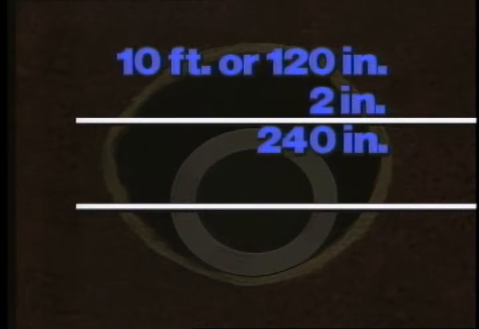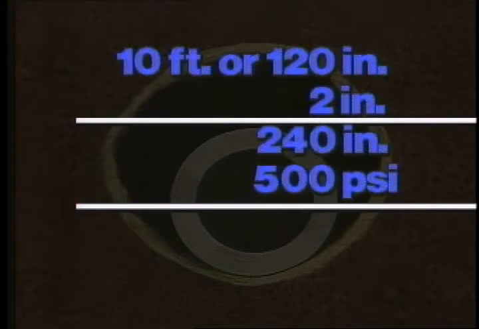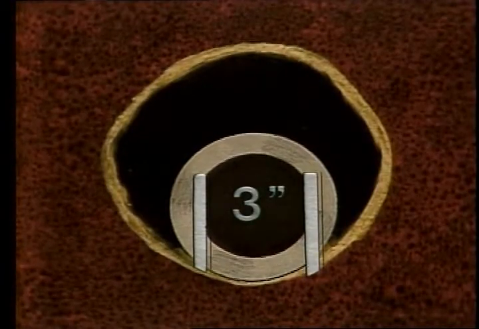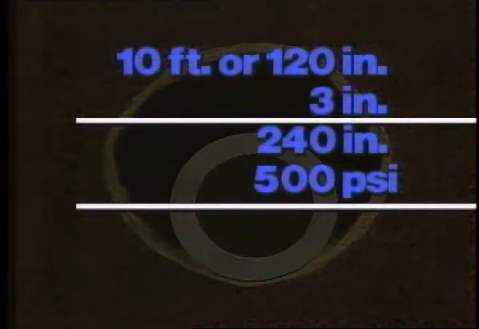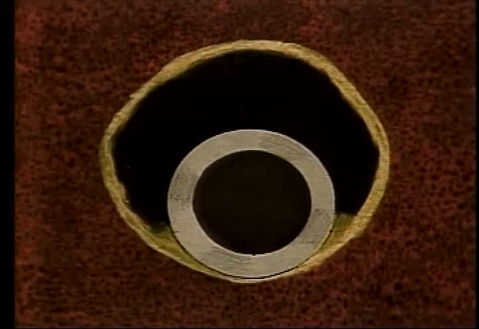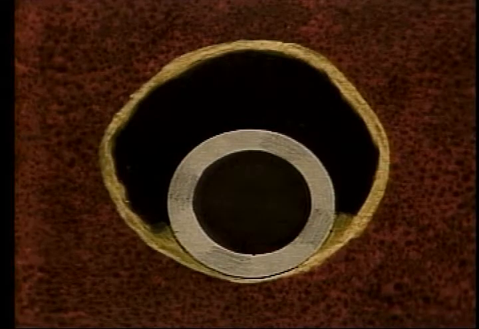If the differential is 500 psi, it'll take 120,000 pounds of force to break it loose. If you wait until 3 inches are involved, it'll take 180,000 pounds of force. It's possible that the string will get so stuck that you can't break it free, and the hole will have to be abandoned. So all of these problems can be blamed on soluble salt.